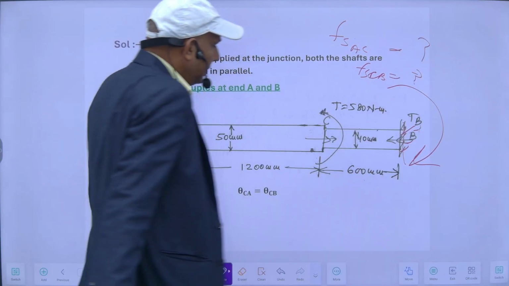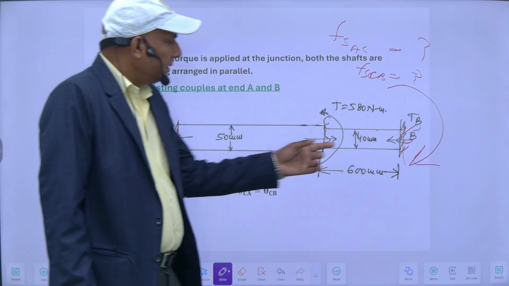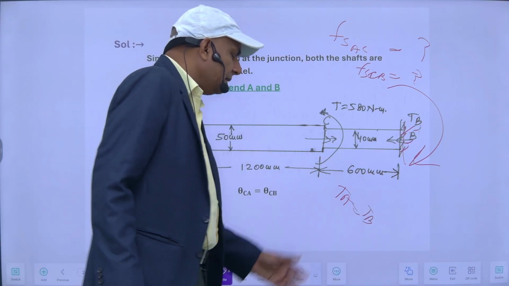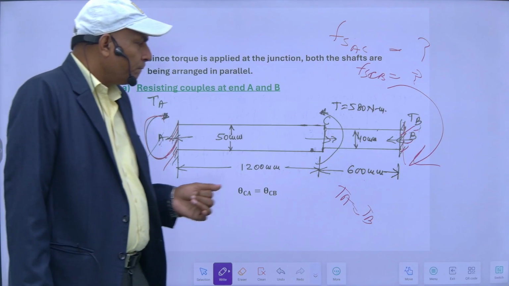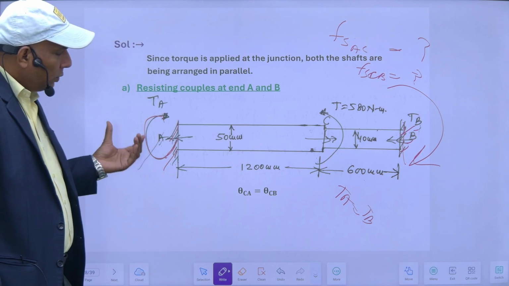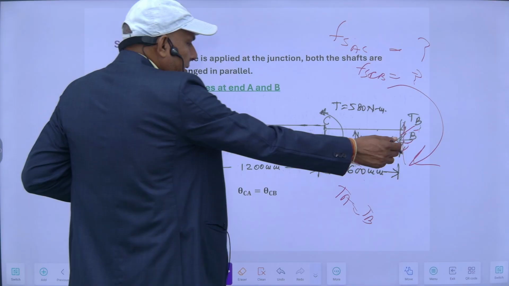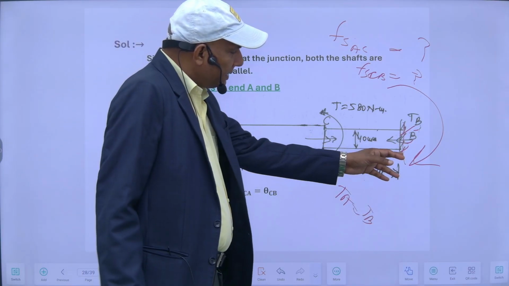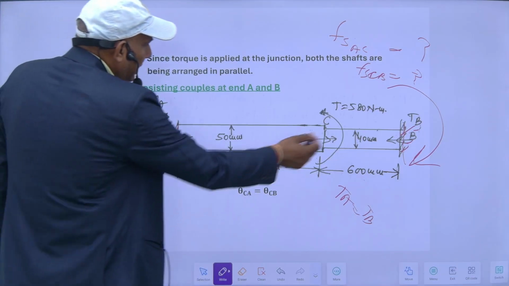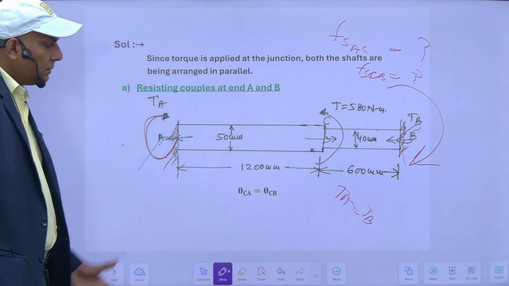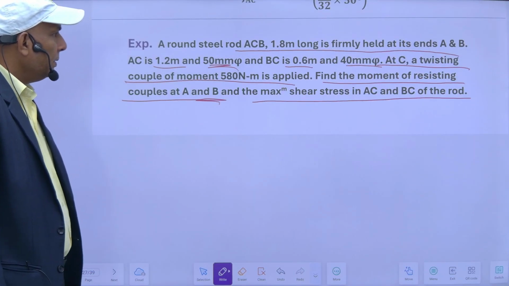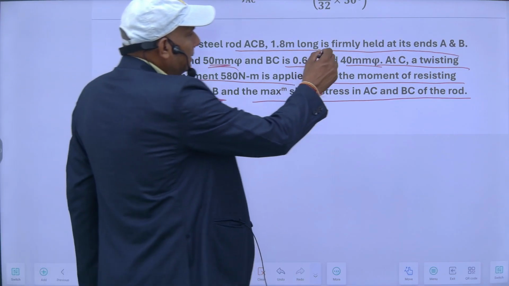One is this. Secondly, this TA and TB. So this is a case of shafts in parallel, we can say. So here there are two things, as I have explained earlier. Both the ends are fixed. It means my angle of twist at this end, theta A, is equal to 0. So my theta B is equal to 0, since both the ends are rigidly restrained, they are fixed here. So they are firmly held in position.